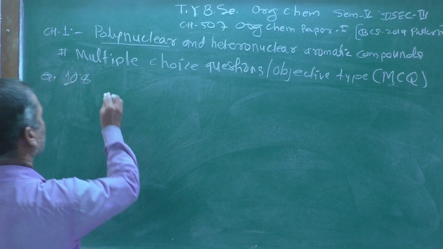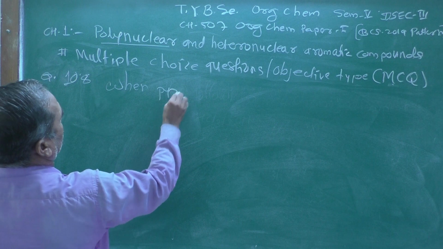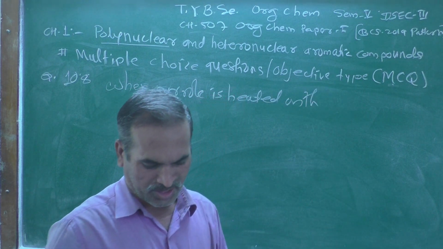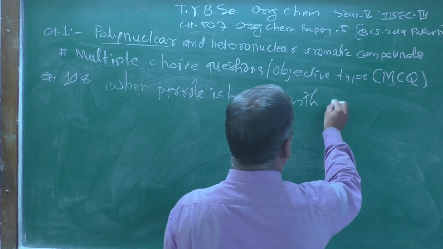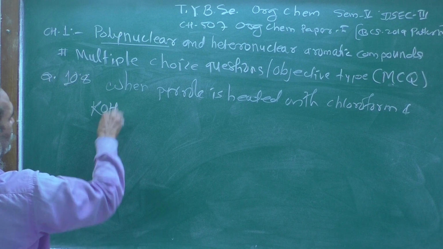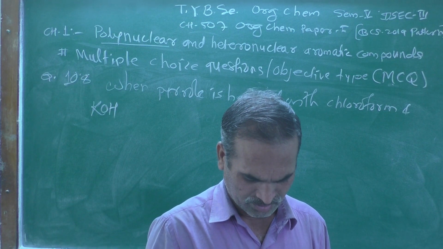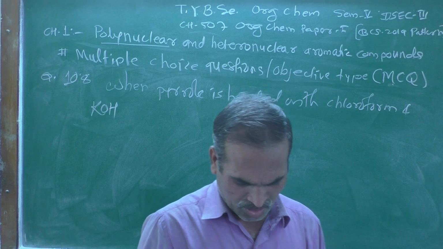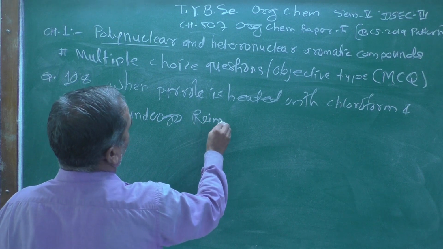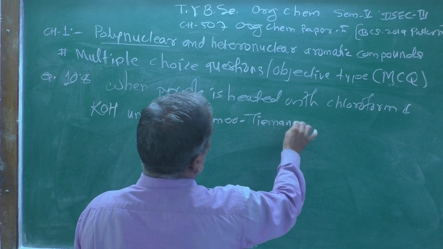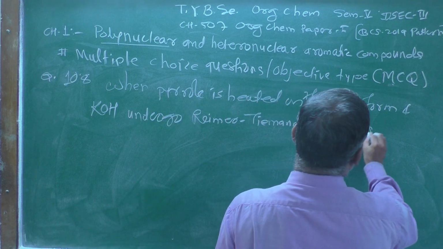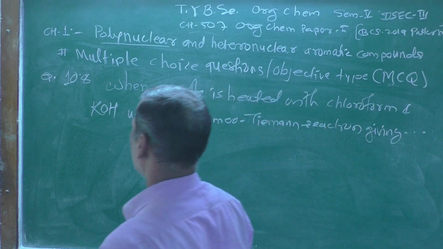When pyrrole is heated with chloroform and KOH, potassium hydroxide, it undergoes the Reimer-Tiemann reaction, giving dash product. Let's see here.